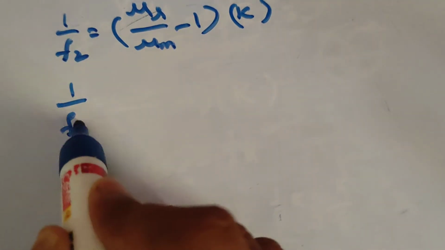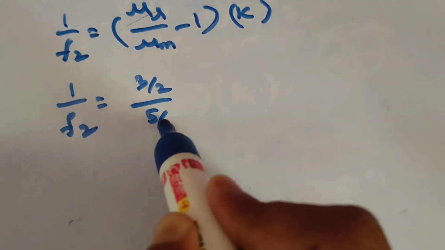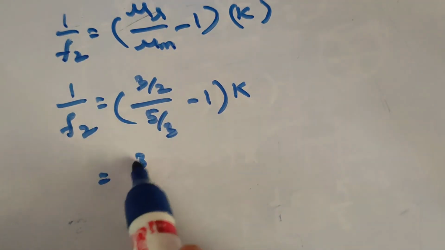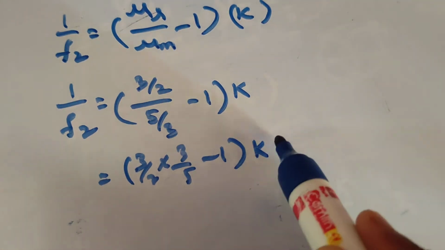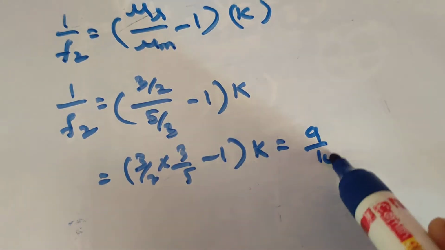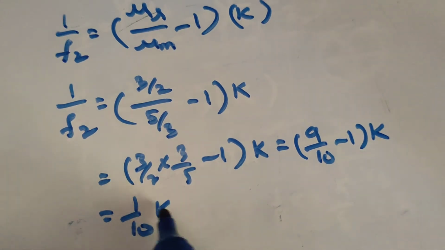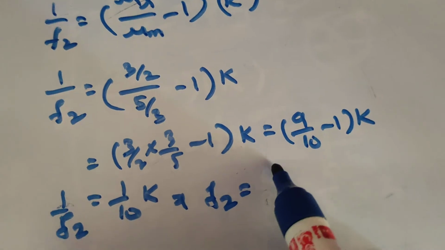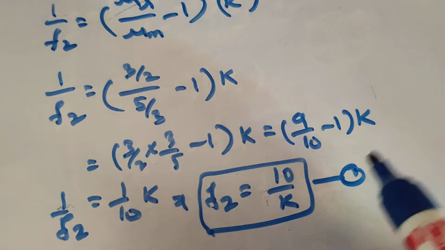So mu lens 3/2, mu medium 5/3, minus 1, into k. So 3/2 into 3/5 minus 1, into k. So 9/10 minus 1, into k. So that is 1/10, so 1/f2 gives f2 equal to 10 by k. So this is the second one.